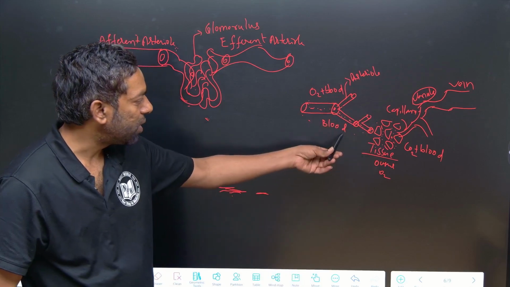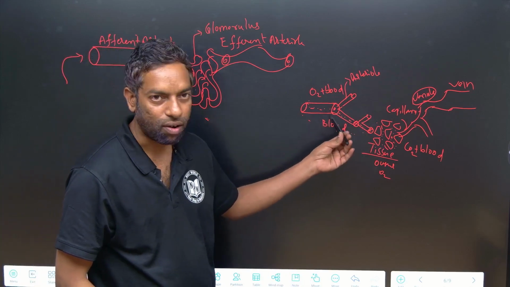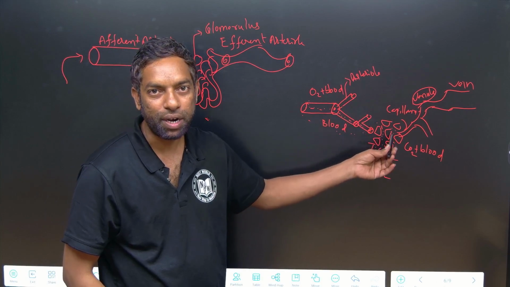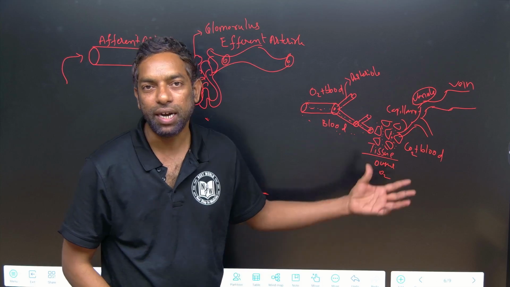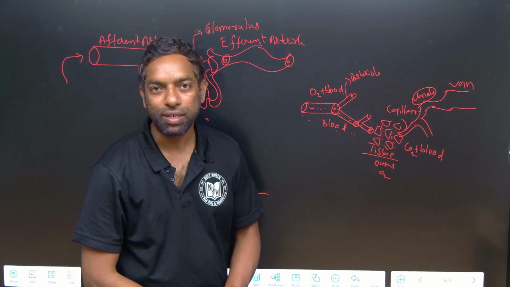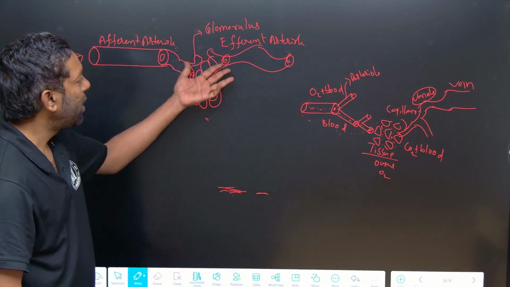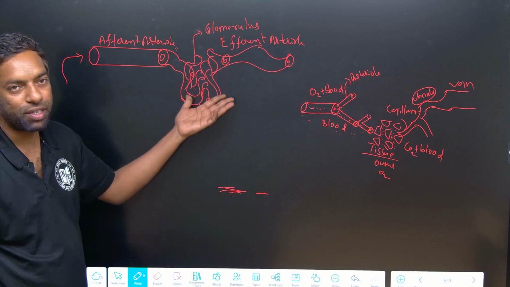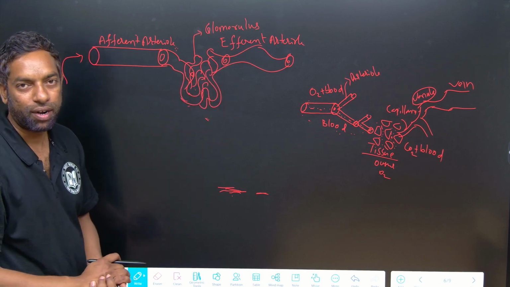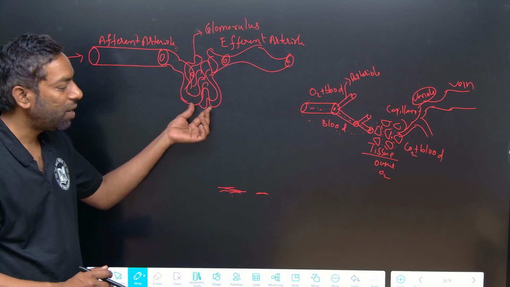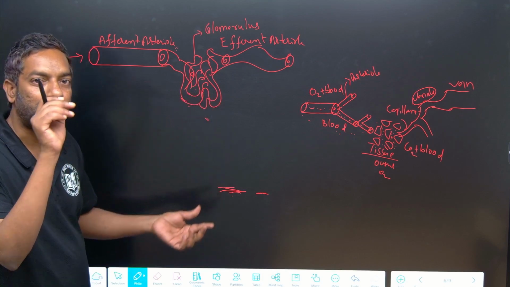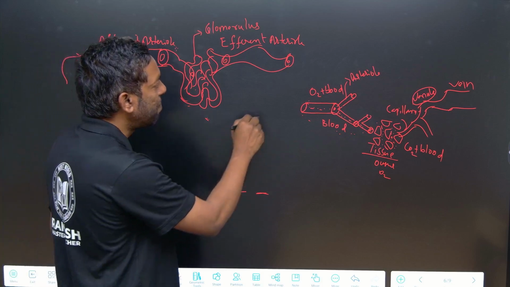Normally the primary function of the artery and capillary is to give oxygen to the tissue. But here the primary function is not yet over. The glomerular capillary network is formed for the purpose of filtration.